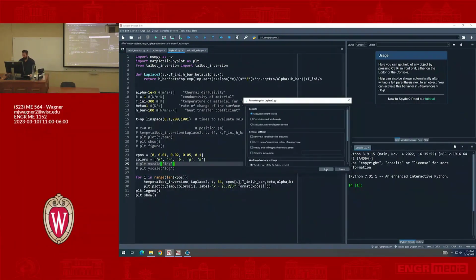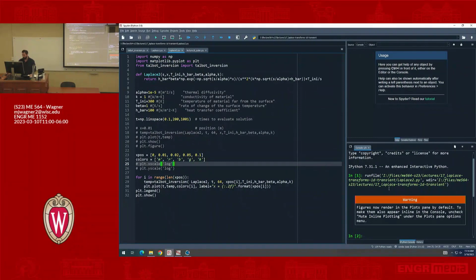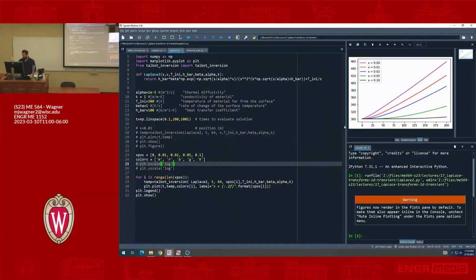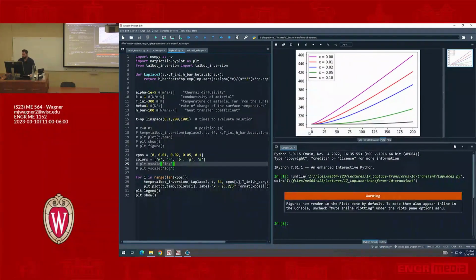So let's run this, and here we are. Here we see different x positions, where x equals 0 is right on the convecting surface, and as you go further in, you go to higher x. We're seeing a ramping up of temperature. There's an initial transient, and then it follows along.